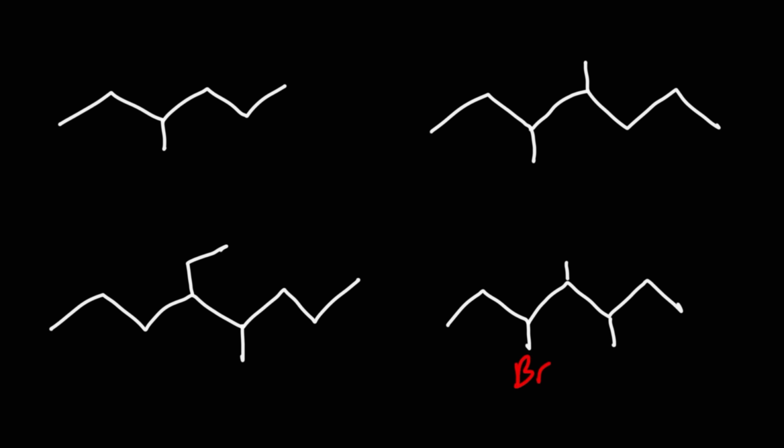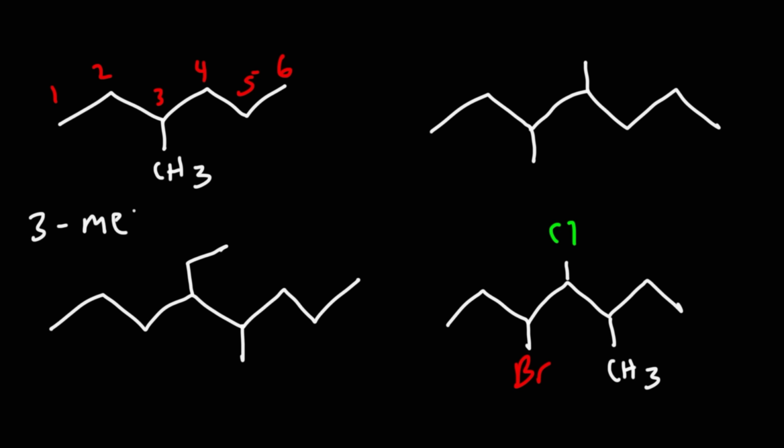Go ahead and name these molecules. So on the left, the longest chain has 6 carbons, so we want to name that first. That's hexane. And we have a methyl group on carbon 3. So this is 3-methylhexane.